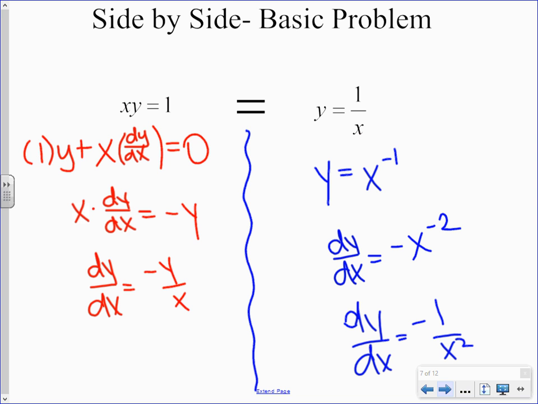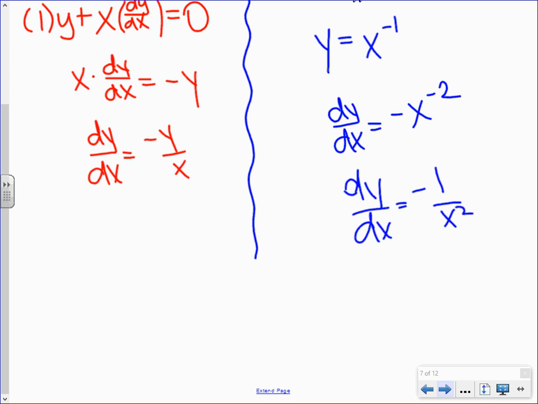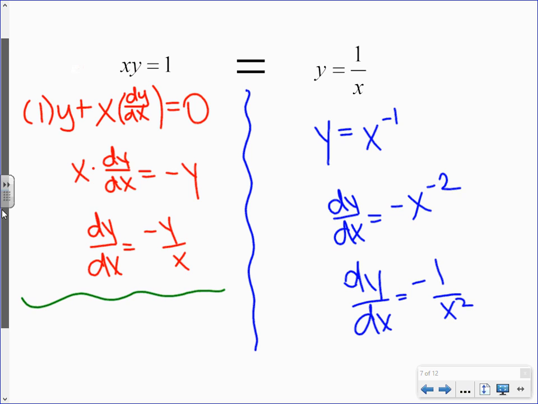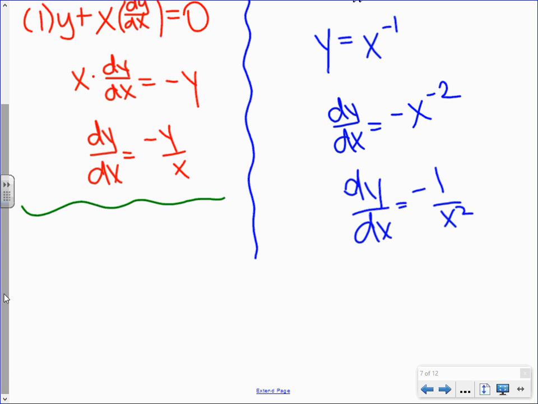No, but they're probably not going to, because one started explicit and one started implicit, so their derivatives are going to be a little bit different. However, if we think about y being 1 over x, we have negative y over x, and it's going to be equivalent. We're getting the same thing, it just looks different.